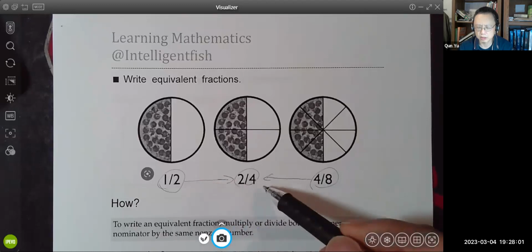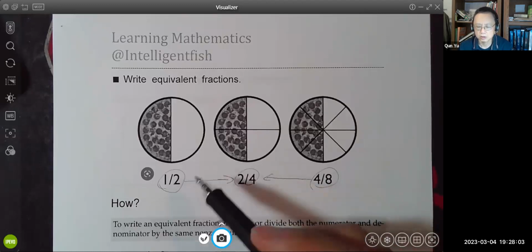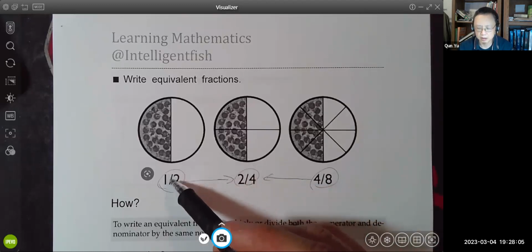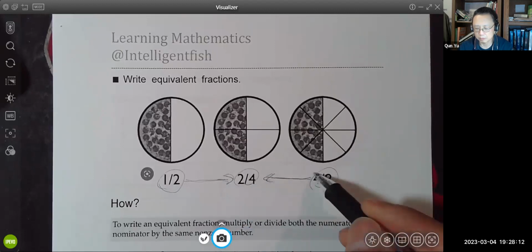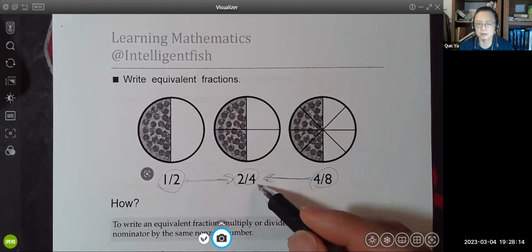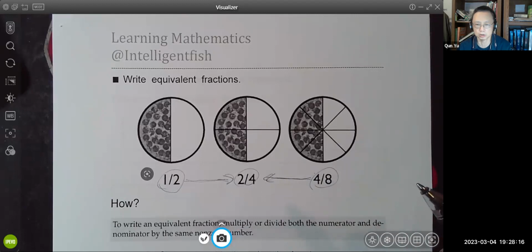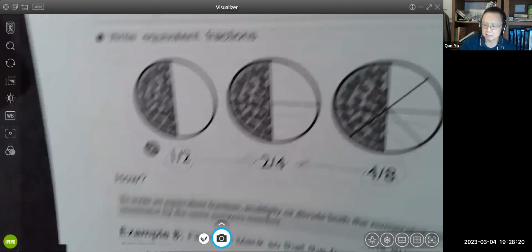So how do we do the conversion then? You either multiply both the numerator and denominator by the same number to make it bigger, or you divide both numbers by the same number to make it smaller. Either way is okay, as long as you do the same thing on both sides. So let's look at some examples here.